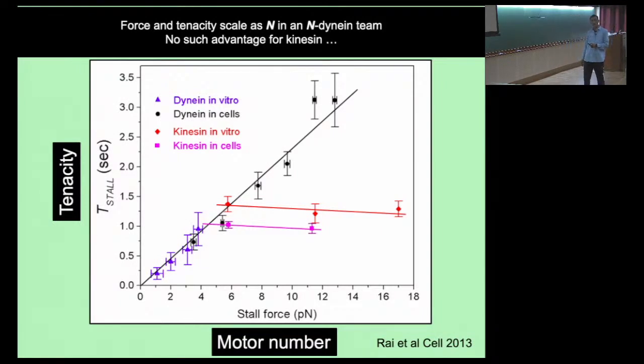It's hard to get a lot of data at this range. At some point it will saturate. At some point you will not even have the geometry where more motors can attach. So it's a question which at least biologically may be irrelevant. But maybe there are situations. I don't know the answer to that.